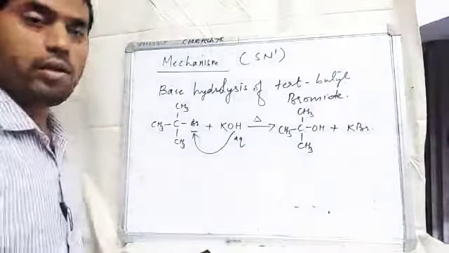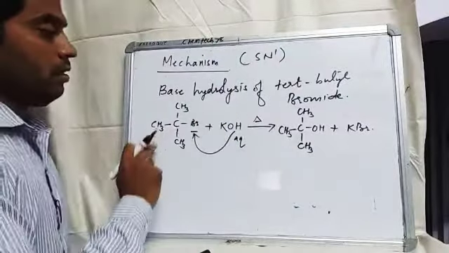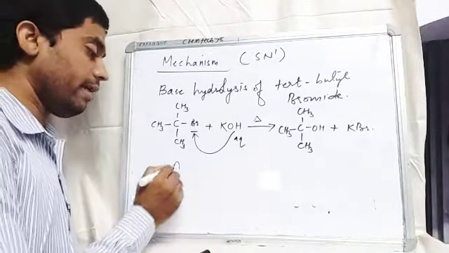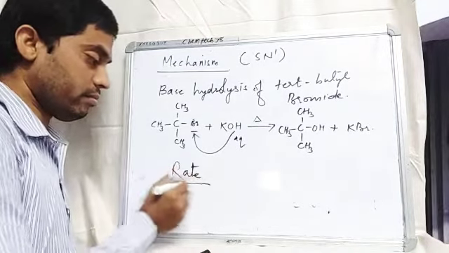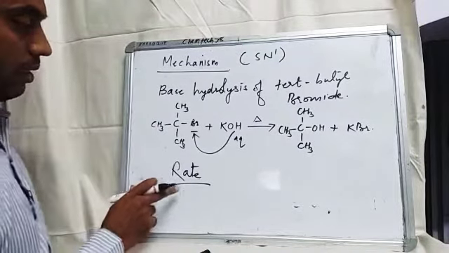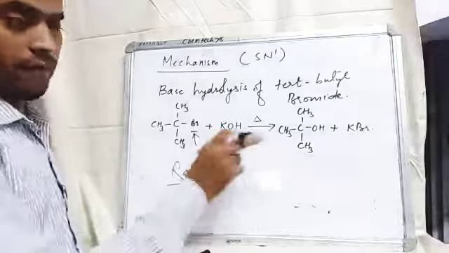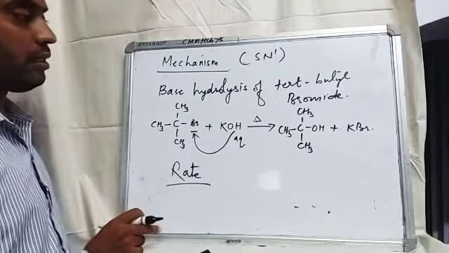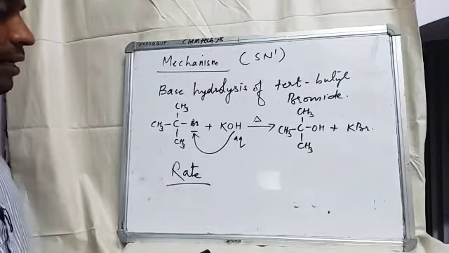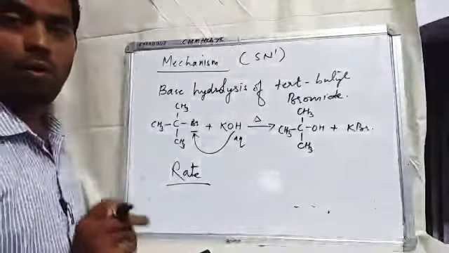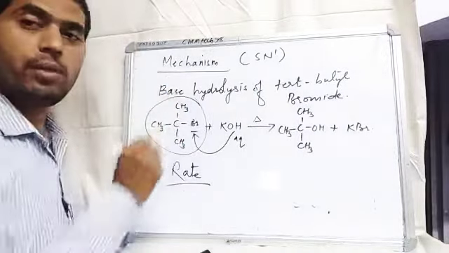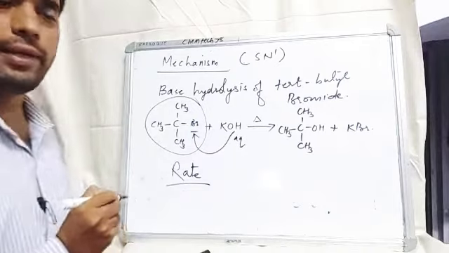Now in this reaction, what happened? The reaction is going on, but the rate of chemical reaction, rate means speed or velocity, the speed of the alkaline hydrolysis of tertiary butyl bromide is only dependent on the concentration of tertiary butyl bromide, that is the substrate.